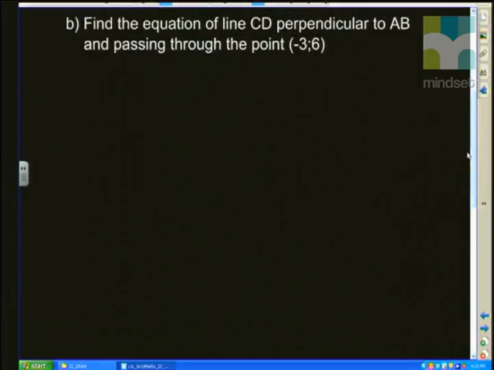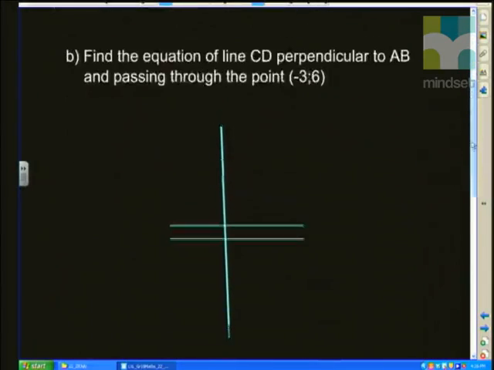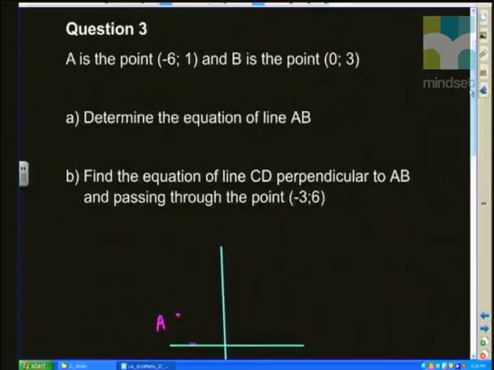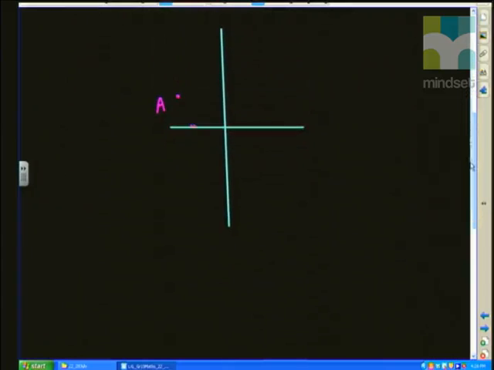Let's set this up on a system of axes. Okay, and I'm just going to roughly put the points down where they should be. So we've got A is the point -6 and 1. So A is -6. Let's just say that somewhere there. Y is 1. Right. And then we've got B is the point 0 and 3.